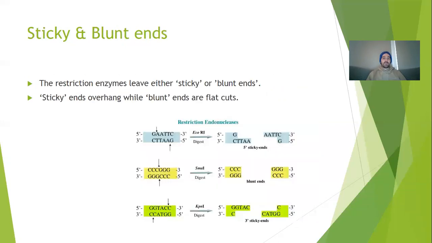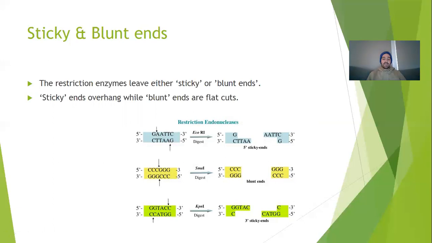Now, restriction enzymes either leave sticky or blunt ends. Sticky ends overhang. So you can see here for our first restriction enzyme, a common one called EcoRI, when it completes the cut between the G and the A, and the G and the A on the bottom strand, it leaves these overhanging ends of DNA, and we call those sticky ends.